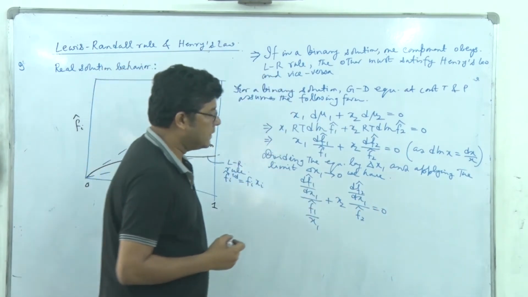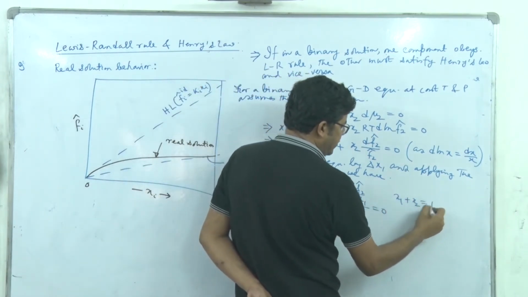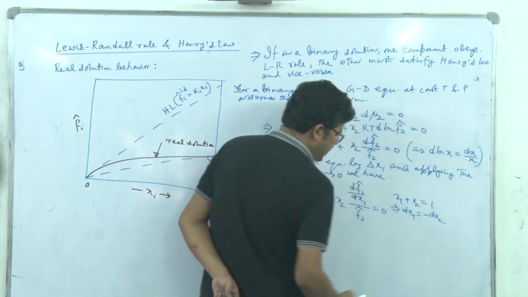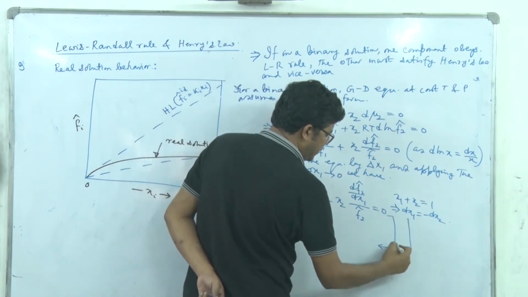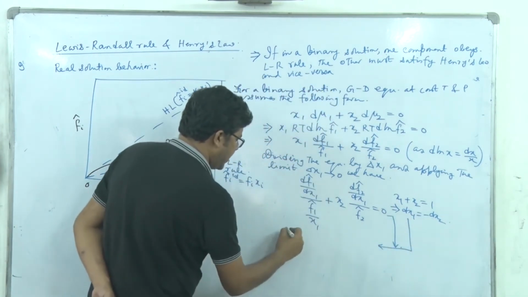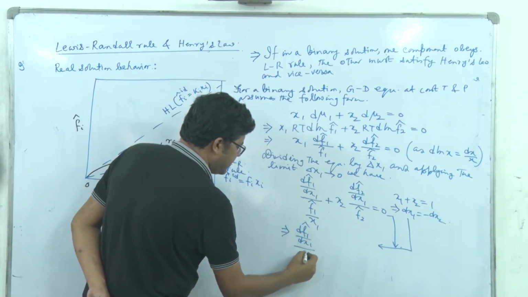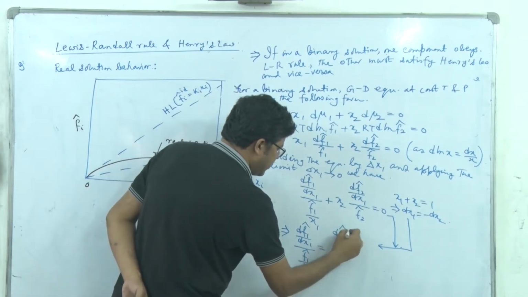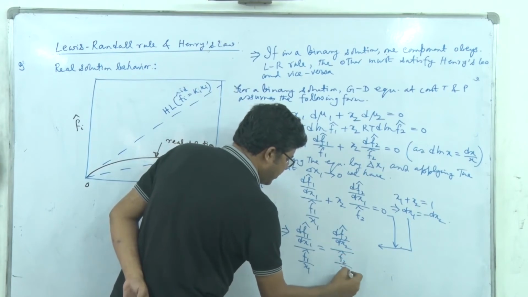Now you see this x1 plus x2 is equal to 1, so of course this dx1 is equal to minus dx2. So combining these two forms, what we will have? We will have df1 cap dx1 divided by f1 cap by x1 is equal to df2 cap dx2 by f2 cap by x2.